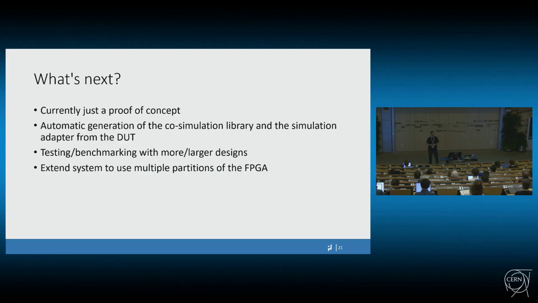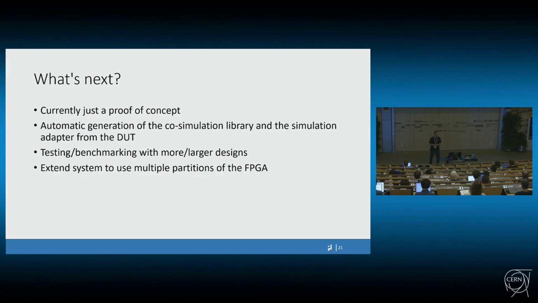What's next is the automatic generation of the co-simulation library and the simulation adapter from the DUT, because we just need the path to the device under test in the hierarchy and all the port names, so we can get the handles, and then it just needs to automatically handle the transmission of the port values to the FPGA accelerator and back.